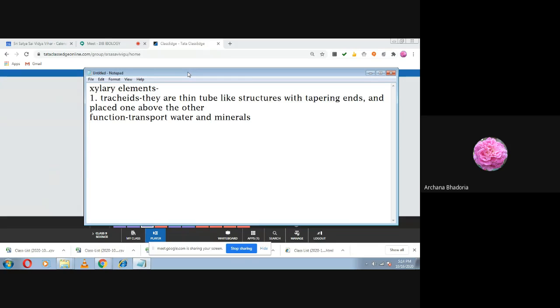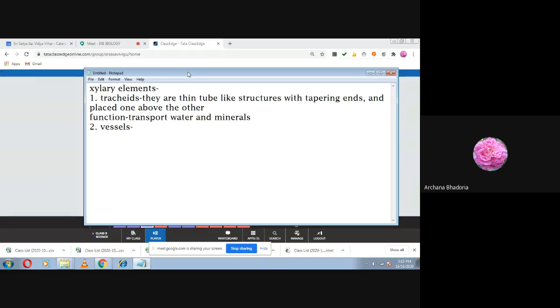Now the other one. Now try to see the structure of the vessels. What type of structure are you finding in the vessels, children, in comparison to the tracheids? Say soon, children. They are large in diameter.